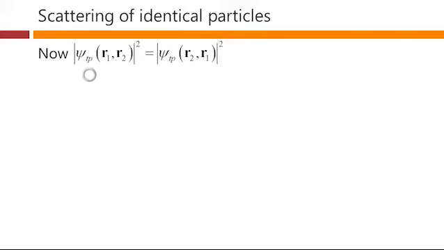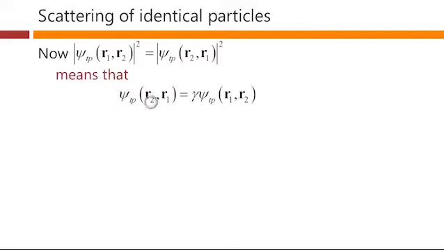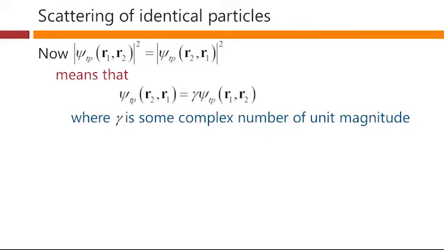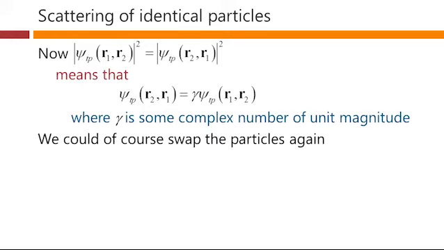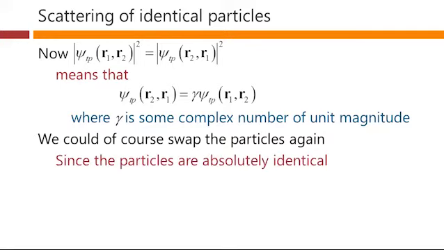Now, if these two probability measures are equal to one another, that means that this wave function with the 2 here and the 1 there must be equal to some number times the wave function with 1 here and 2 there, and that number has to be of unit magnitude. It could be some complex number that would be sufficient to give us this condition here, but it must be of unit magnitude. We could, of course, swap the particles again.